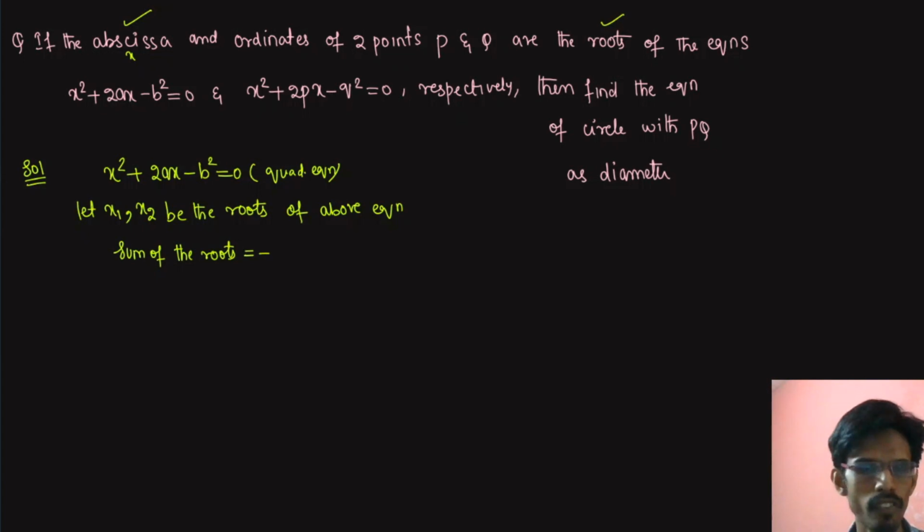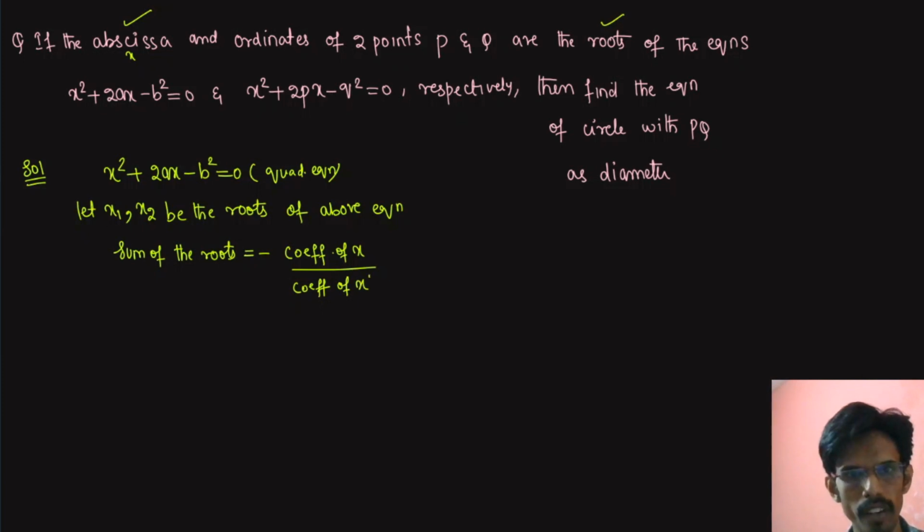Now the sum of the roots is negative of the coefficient of x upon the coefficient of x square. We know this. So here x1 plus x2 is equal to minus 2a by 1, so x1 plus x2 is equal to minus 2a.